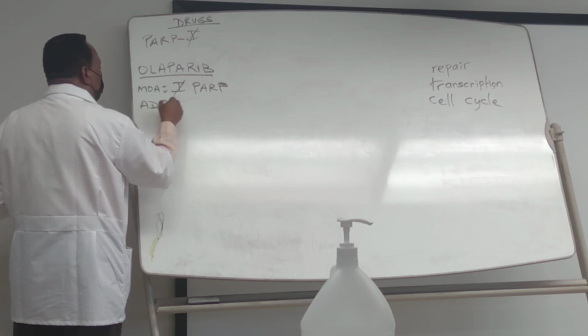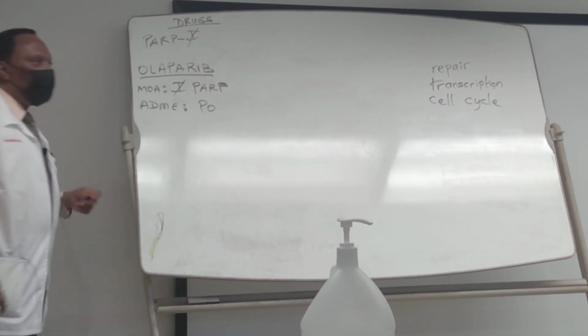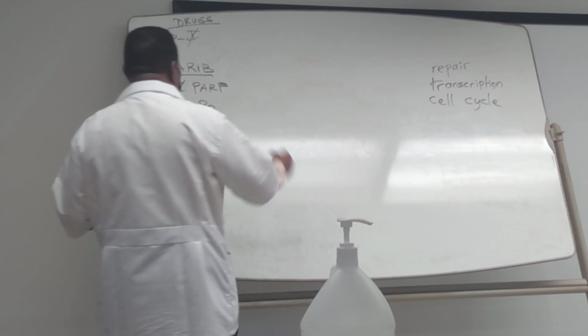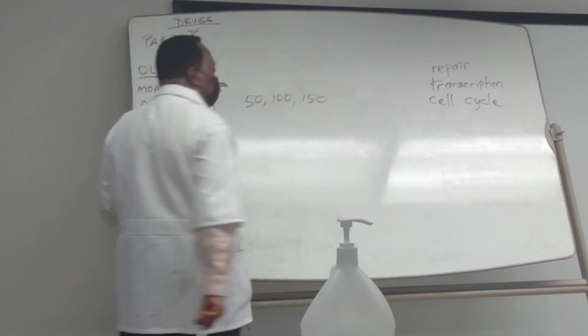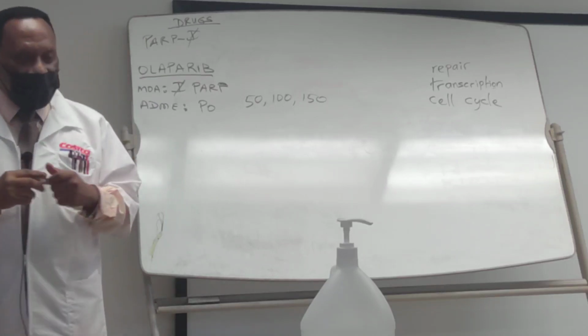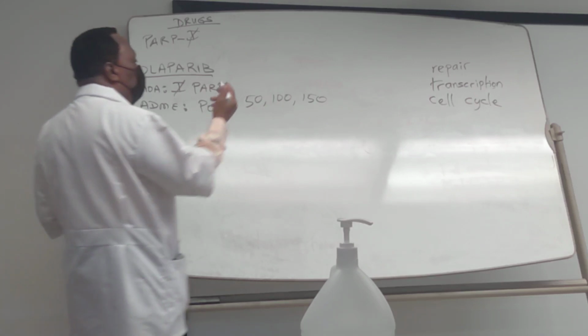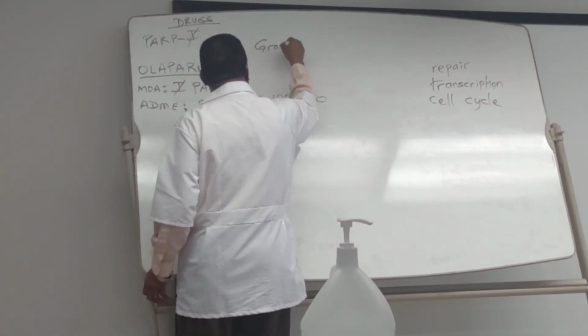In terms of the administration, we know that the drug is administered orally. You have about 3 different strengths, the 50, 100, and 150 milligram strengths of your olaparib. And when it is given orally, the patient has to avoid grapefruit juice.